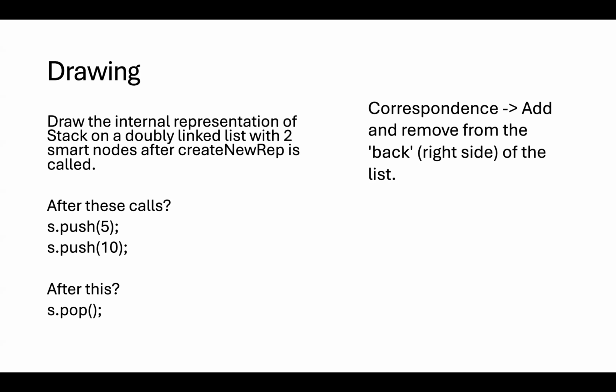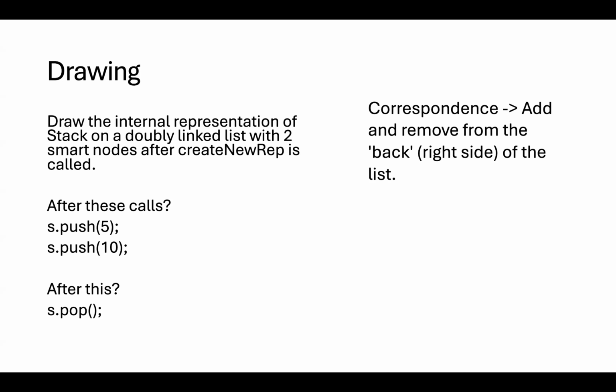With these smart nodes, the first smart node is going to point to the first thing in the list with next. Since it's only one thing, the second smart node is going to point back to the only thing in the list with prev. So these already look pretty correct, but now we actually have to change around some stuff.